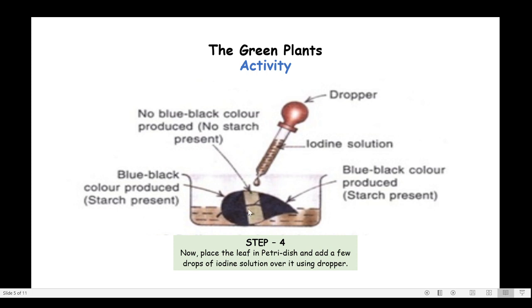But in the area which was covered, starch is not present, as iodine has not given blue-black color. So the starch is not present in the part that was not exposed to sunlight. So here we have proved that sunlight is very much necessary for the production of food in a leaf.